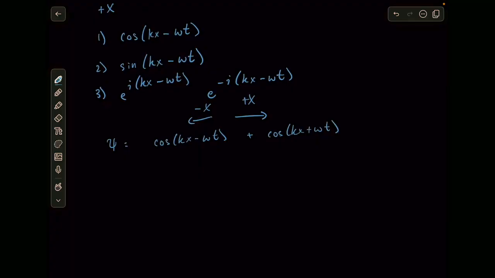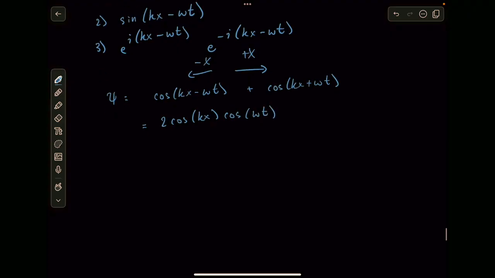And we can expand this to give us a product of cosine kx times cosine omega t. And immediately this is unacceptable. It's not going to work for us.